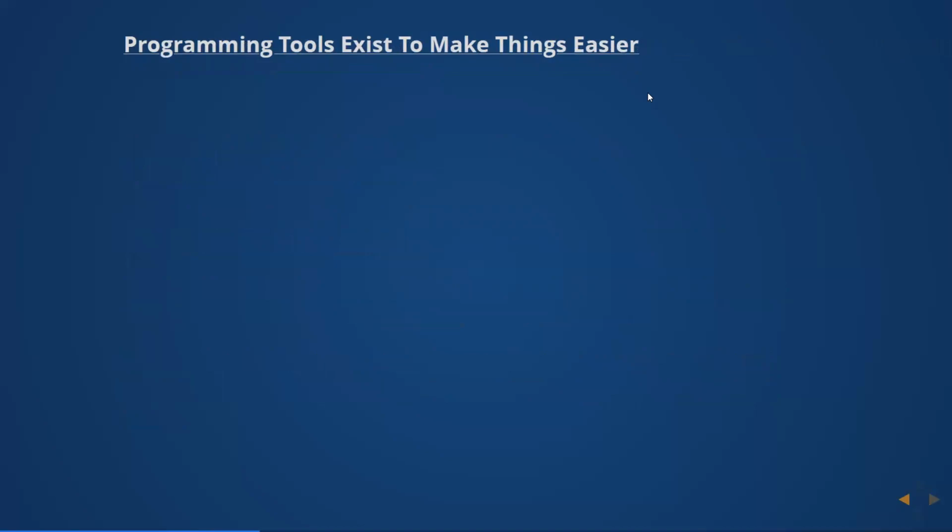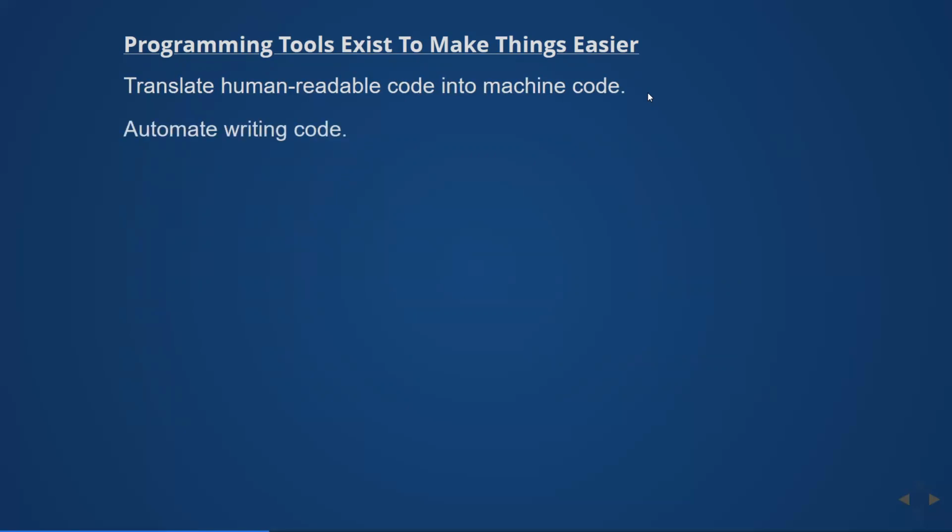So there are languages on the one hand, and there are also programming tools to manipulate those languages. And that's what we're talking about here. So a programming language in general is just a way to translate human readable code into a form that the machine understands. It automates generating this code.